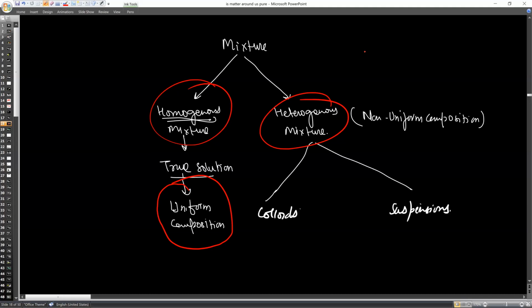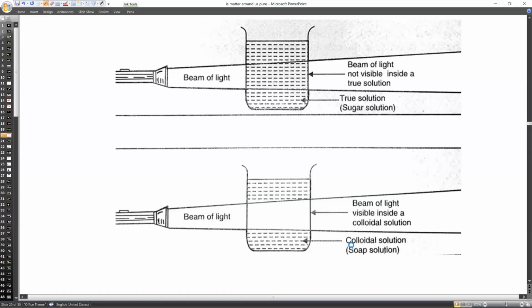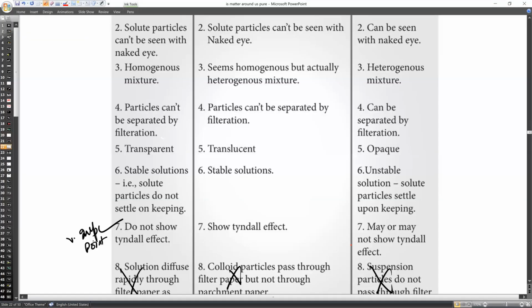So they can have different compositions. What I want to say is that mixtures with uniform composition throughout the solution are called homogeneous mixtures, and those with different composition are called heterogeneous mixtures. Got it? Okay, so note down what a homogeneous mixture is and what a heterogeneous mixture is.